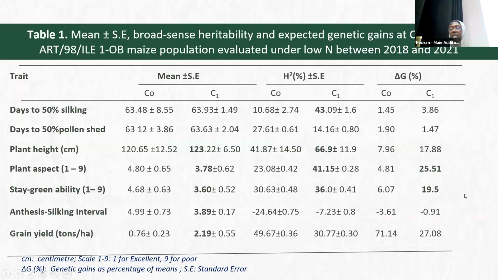If you look at the genetic gain, in the first cycle, it was expressed as a percentage of the mean. So we had 71% in the first cycle, and in the second cycle, we had 27%. That means there's actually an increase, although it's a bit small, but there was an increase and it is expected that in the advanced generation, we'll be able to get something much better.